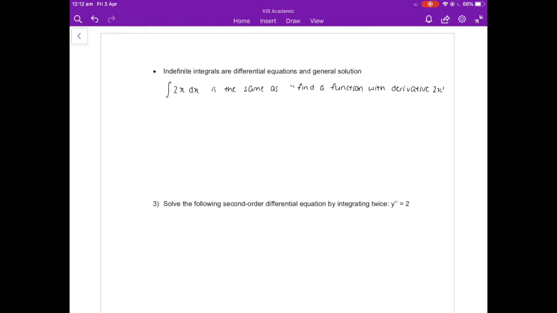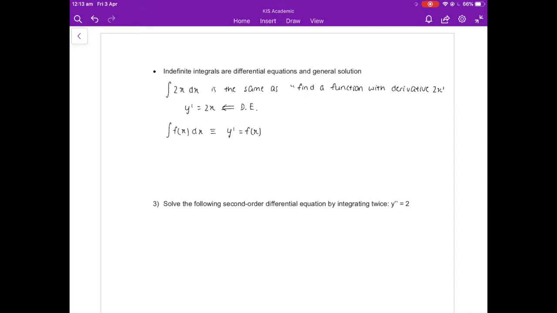So if we're saying that, then what we're really saying is that y dash equals 2x, and that there is a differential equation. So from here we can see that if we have to integrate something, a function, that is the equivalent of the differential equation y dash equals f(x).